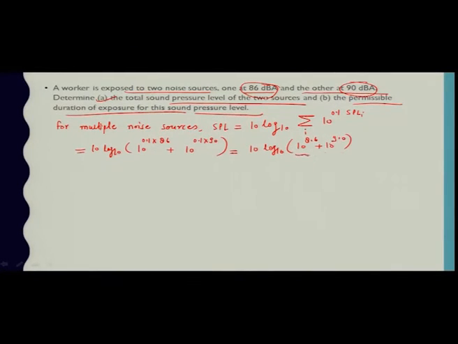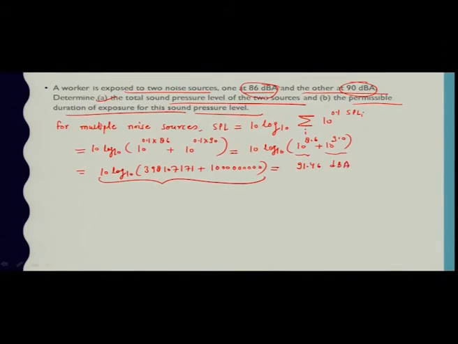We will calculate these values. This will come out as 10 log base 10 of 398,107,171 plus 1,000,000,000, something like that. Now if you calculate this with a calculator, the value comes out as 91.46 dBA.